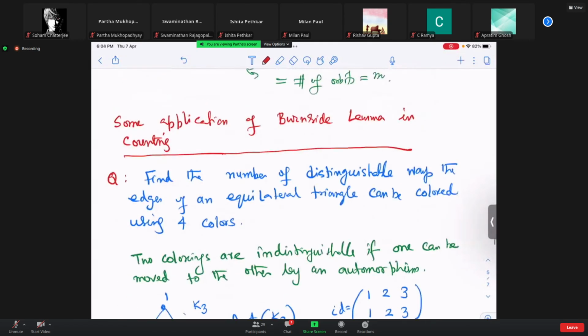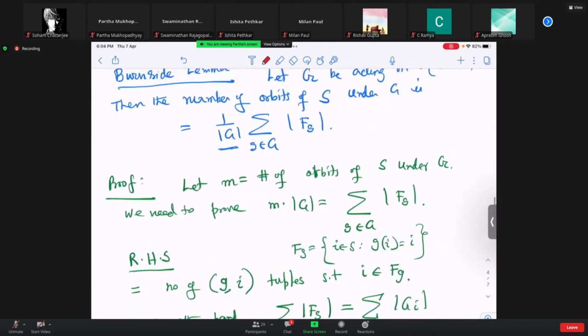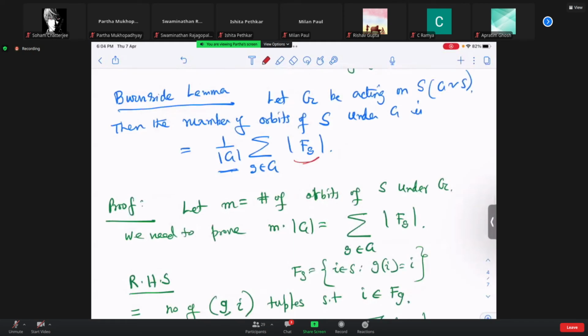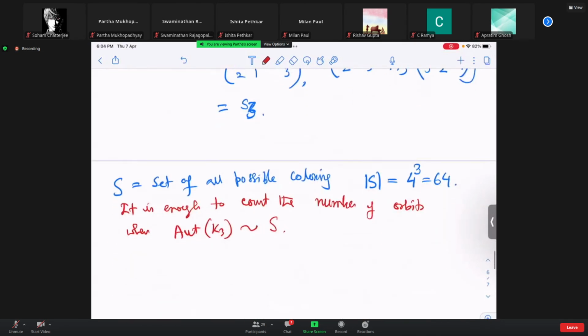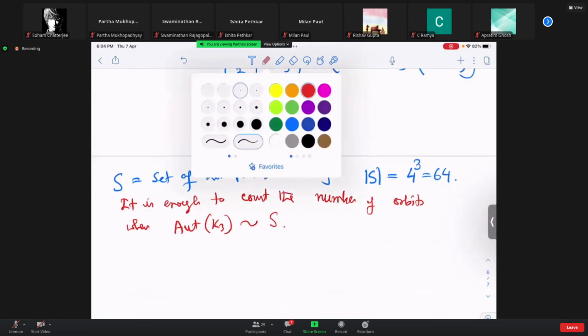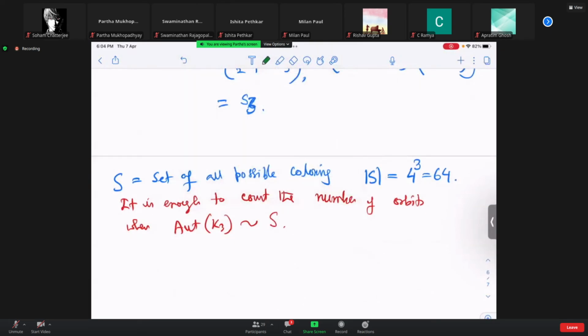That's the Burnside lemma. There is a nice formula that for every permutation, if we can compute the number of fixed points, I just add them and divide by the cardinality of the group acting, and I will get what I want. So now our job is very concrete. So let's look at, what is F of identity?